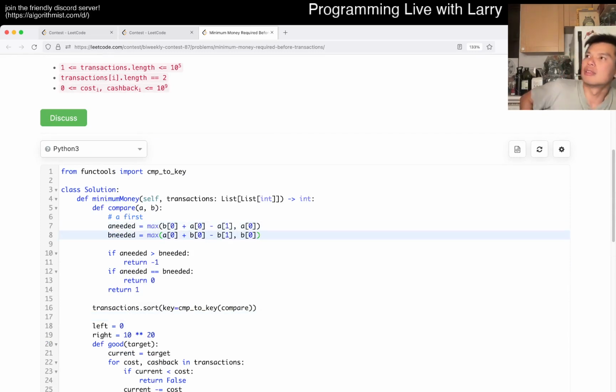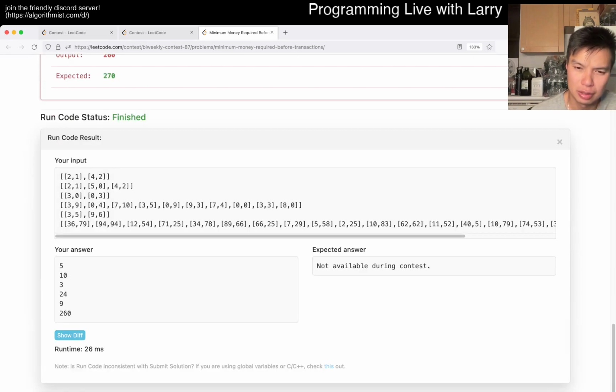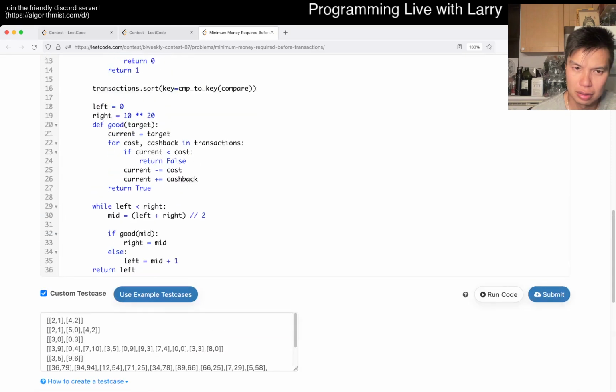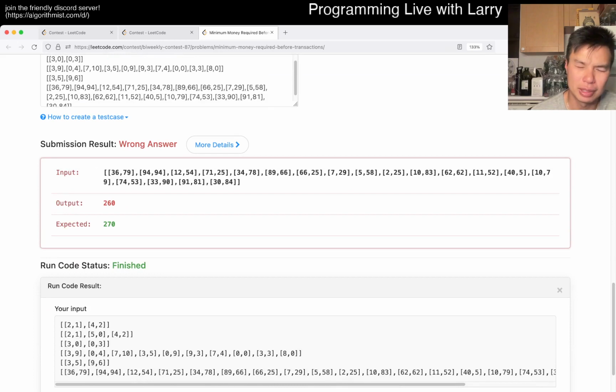No. So this is a little bit better, but am I missing a case in my sorting? Thing is, I don't know how to get the best answer from this.